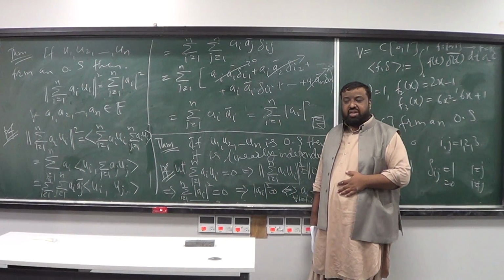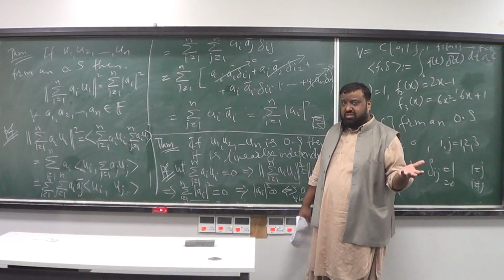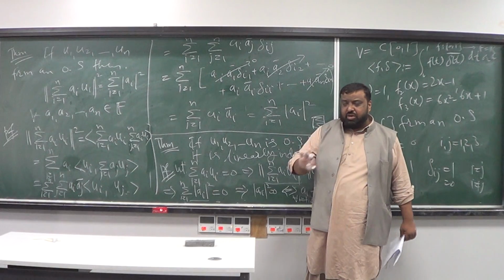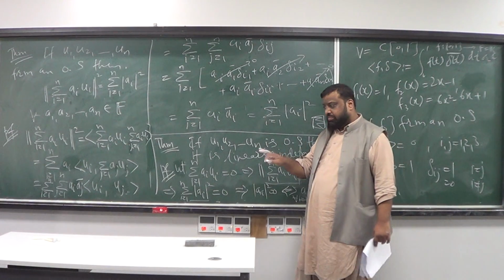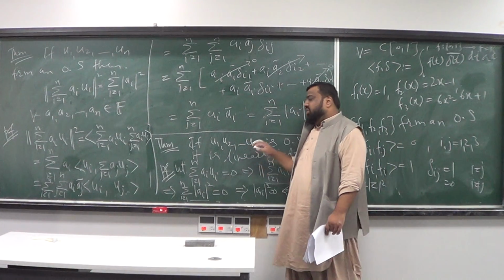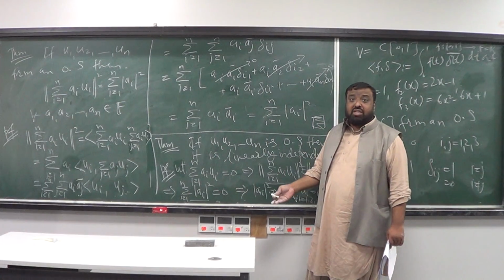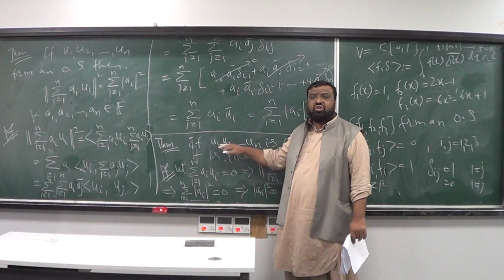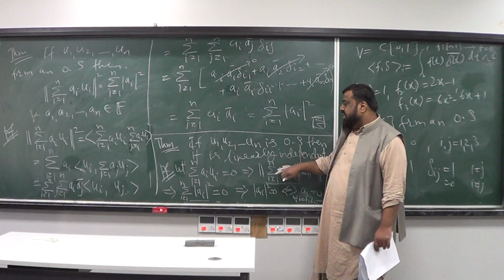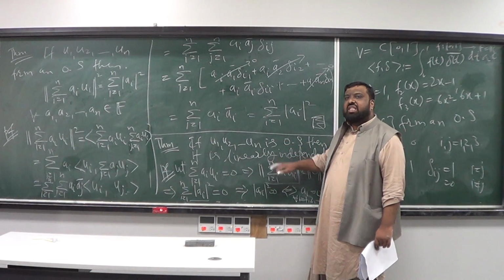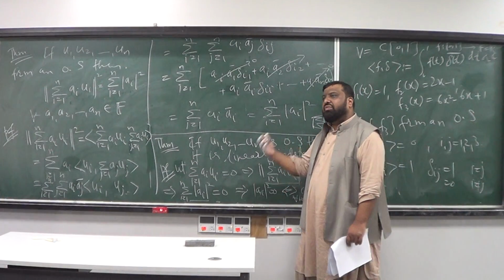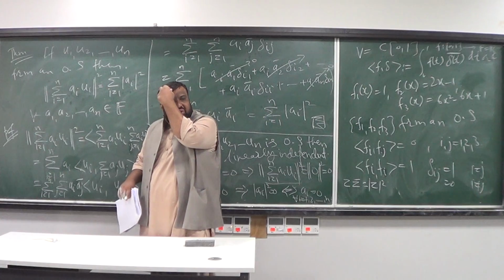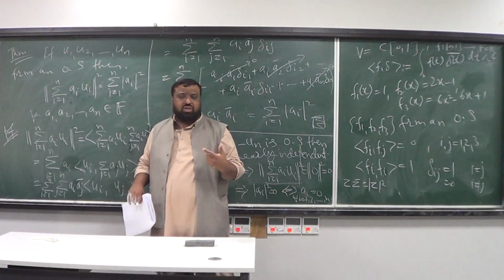So a simple corollary is this: if you have an inner product space which is finite dimensional, n-dimensional for example, and if you have n orthonormal vectors in it, since they are linearly independent, they will form a basis of that n-dimensional inner product space.